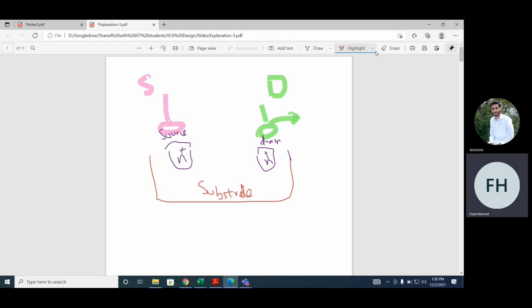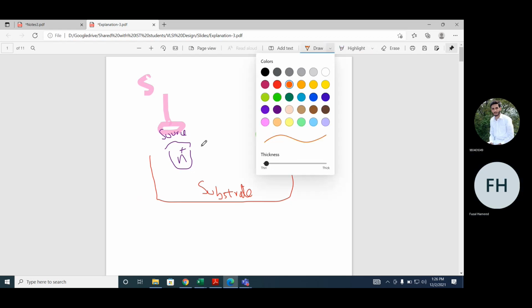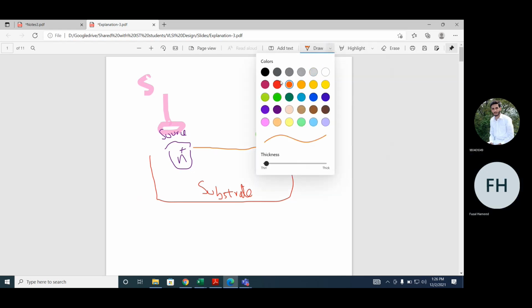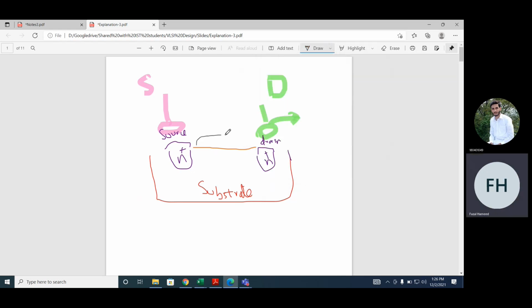And if you look at this layer that is shown here, there is silicon dioxide, and it acts as an insulator.